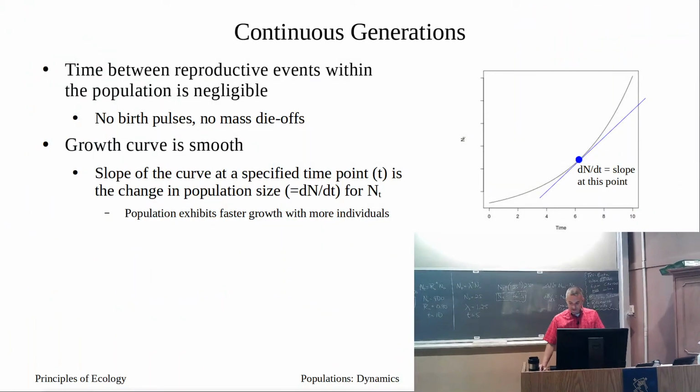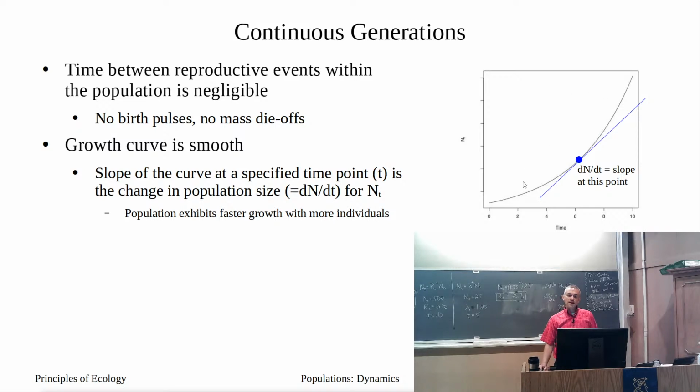And it's going to be specific at a specific time point, or for us, at a specific population size. All right, so what we see here then, based on this curve, is that the change in our population size is going to be small. We have a shallow slope when we have a small population size. And then we're going to have a steep slope with a large population size.